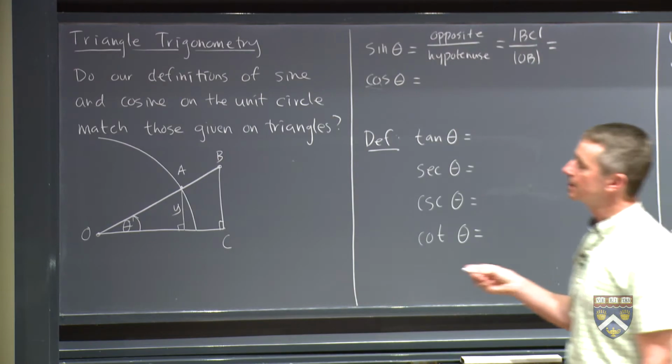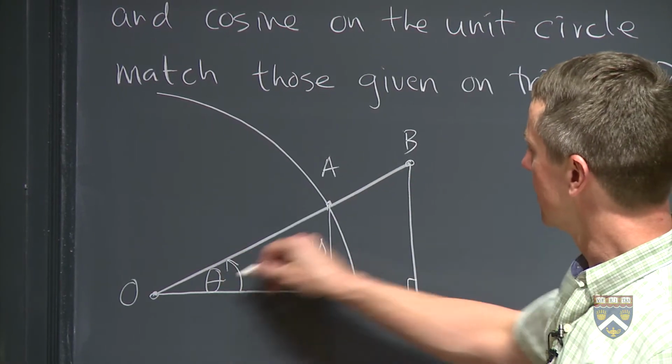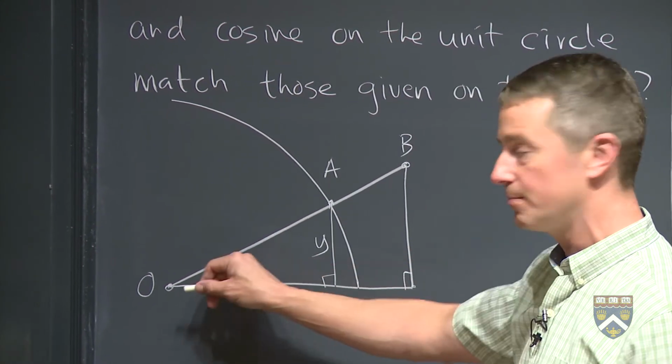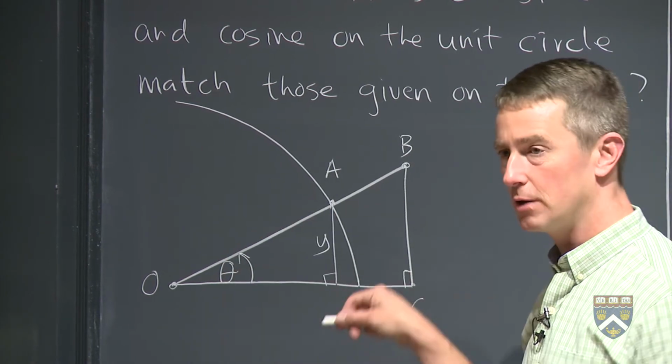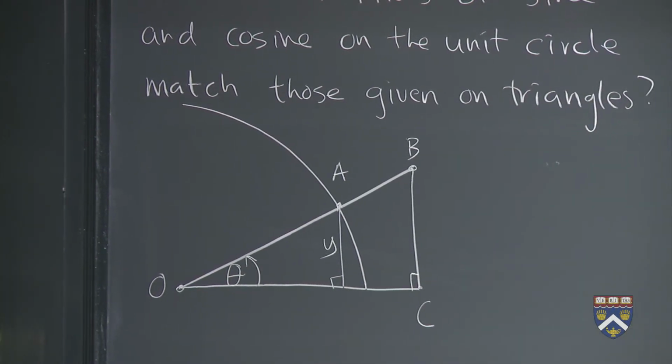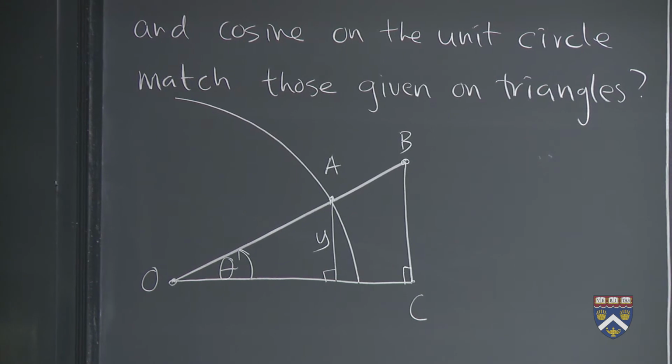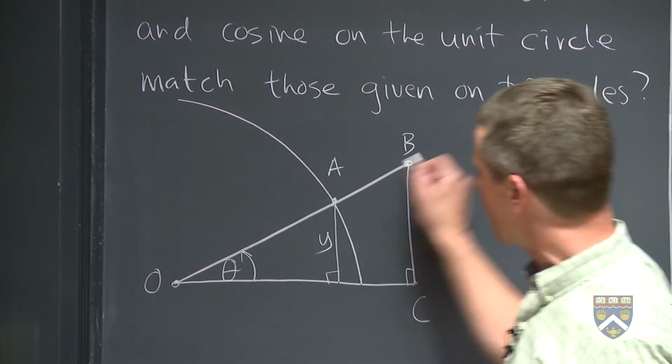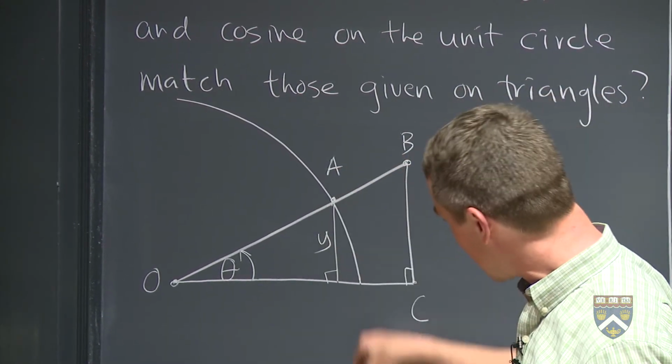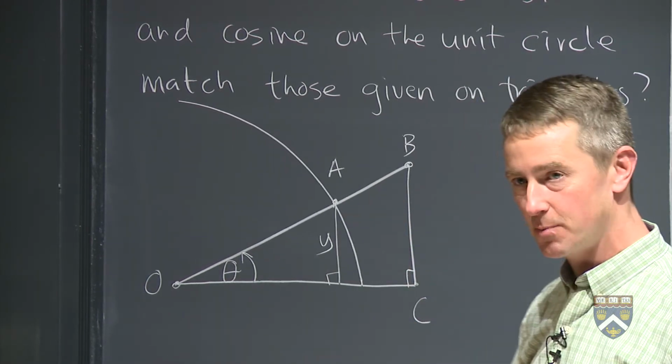And it's because we have a similar triangle here. This big triangle is similar to, meaning shares the same angles with, this small triangle. And the important thing to know about similar triangles is that their sides are in proportion. So the opposite side over the hypotenuse of the big triangle is the same as the opposite side over the hypotenuse of the small triangle.